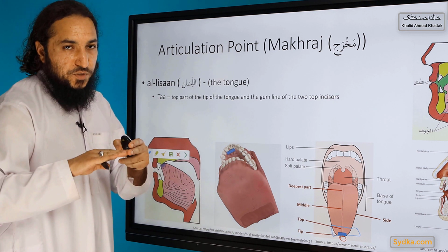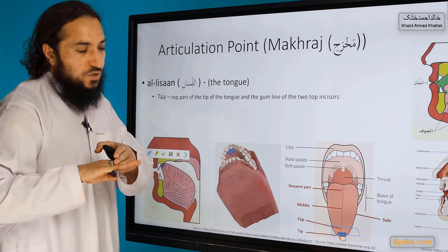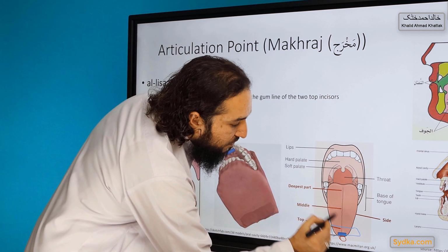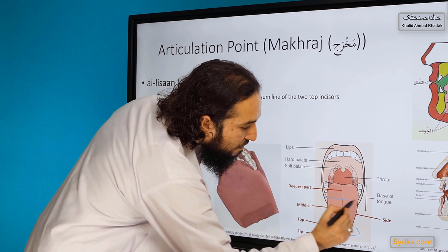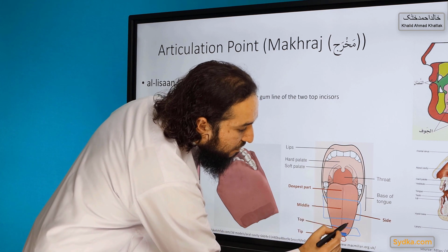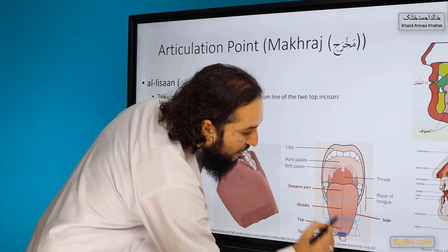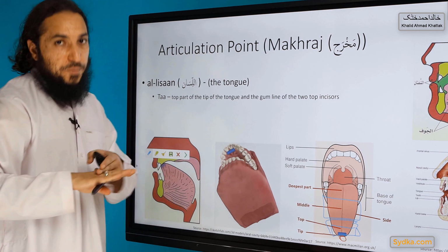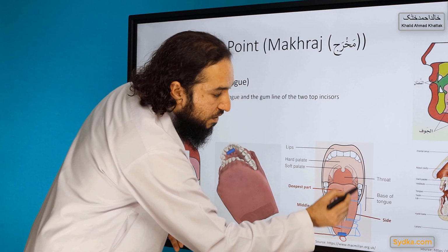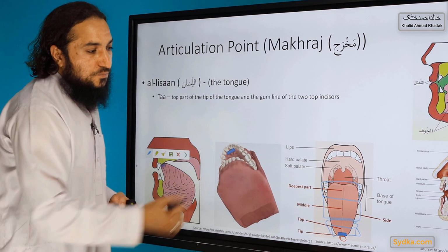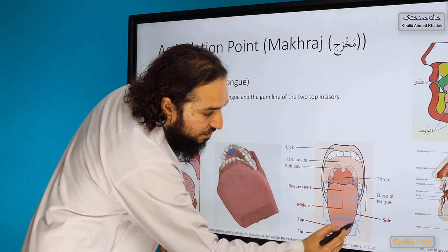So the first one is the tip of the tongue, and the next one is the top of the tongue. This is the middle part of the tongue, and this one is the deepest part of the tongue. And these are the sides.